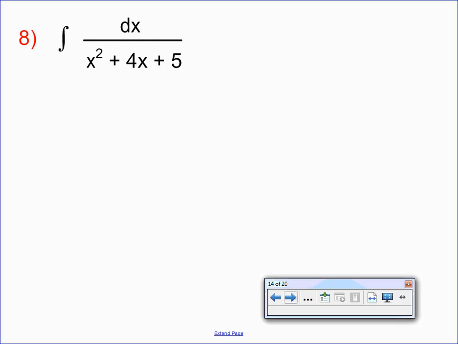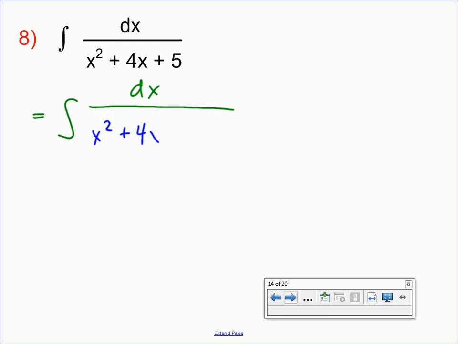So let's go ahead and rewrite this as x squared plus 4x plus, well, I'm not sure, but we have to have 1 for our inverse tangent rule, right? Don't we have to have 1 plus argument squared?